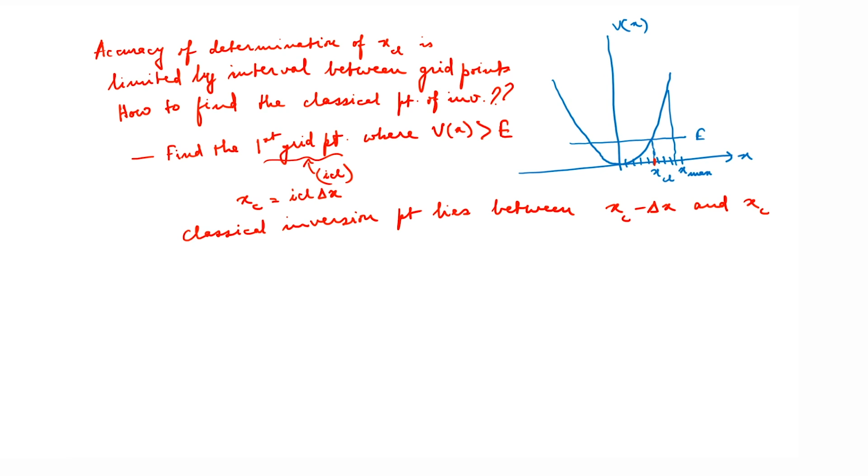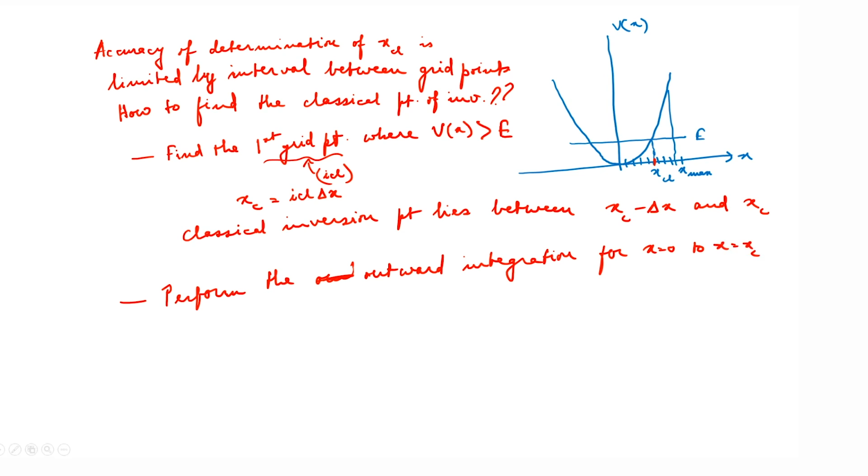Once I find this classical inversion point, the next step is to perform the outward integration from x equals 0 to x equals x c, which I am calling psi L of x, defined between 0 and x c.